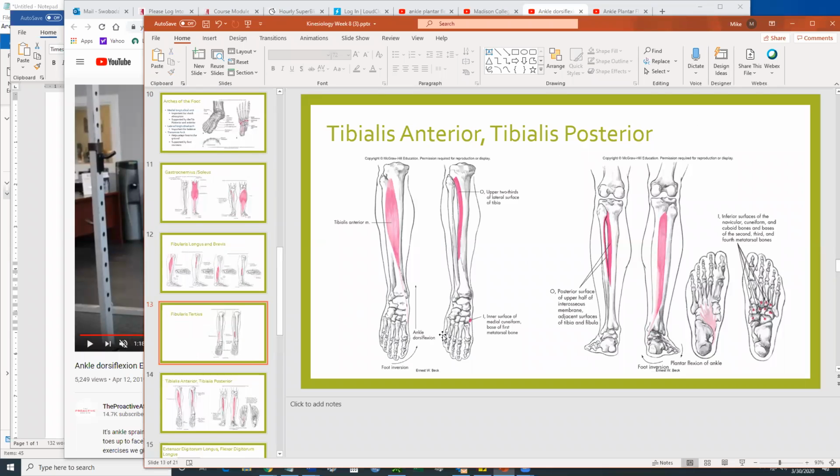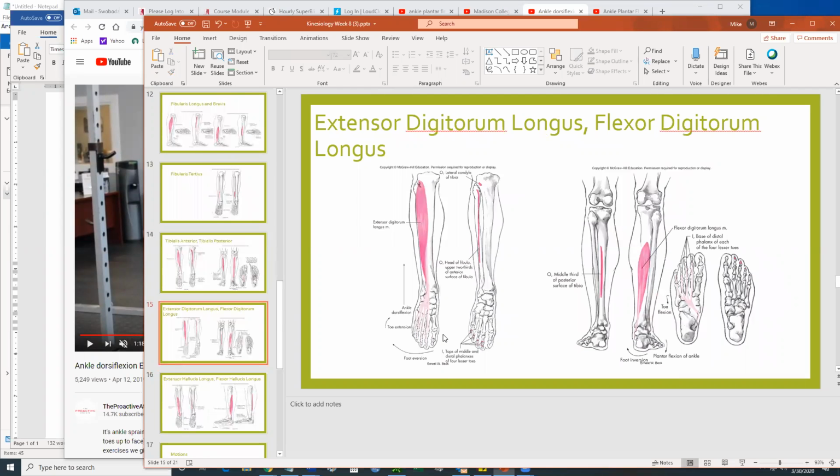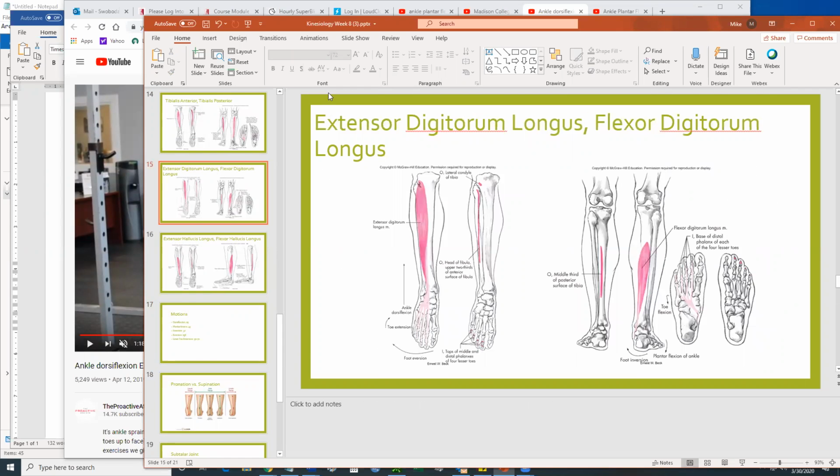Now, last two muscle groups here are acting on your toes. So just like we had with the wrist and hand, anything that says digitorum on it refers to your toes. And specifically, it refers to your latter four toes. So that's your index toe all the way to your pinky toe.